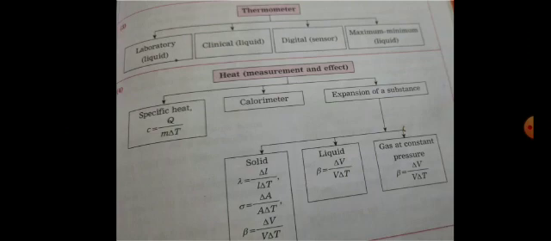Thermometers are of different types: laboratory thermometer, clinical thermometer, digital thermometer and maximum minimum thermometers. Then we have discussed the term specific heat, then how heat is measured by the instrument calorimeter. Then we have studied the expansion of substances.